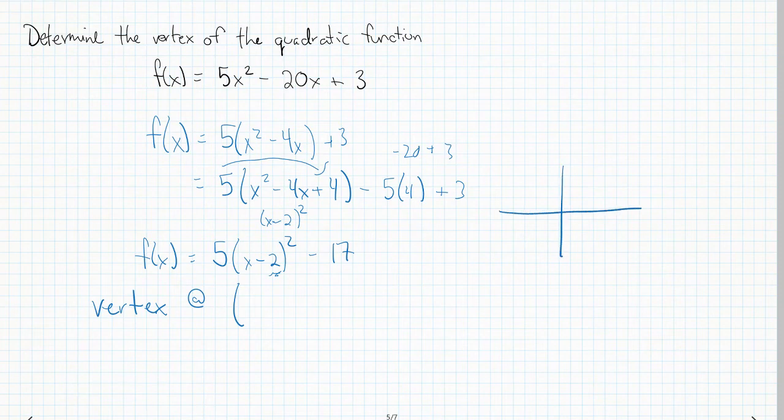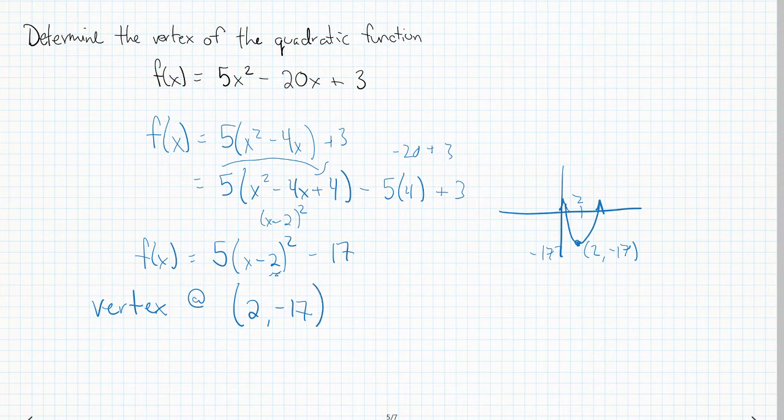So what we've done is we've shifted to the right 2 units, and we've shifted down 17, so negative 17. And it's not going to be perfect because we're going to have a vertical stretch as well, but you get a graph like that. So notice this vertex is at 2, negative 17. Just from the shifts, you can see that. Okay, that's where it ties into the transformations of functions.